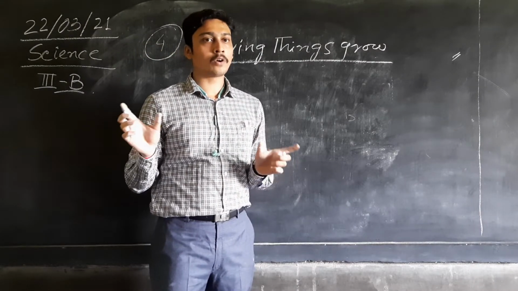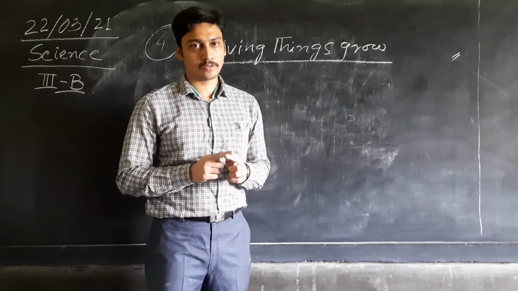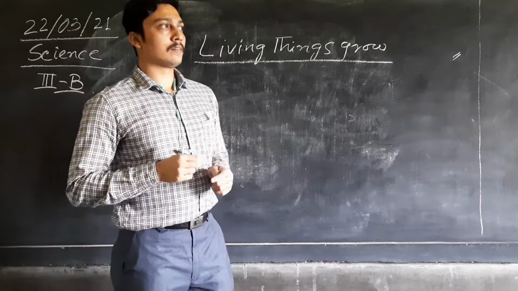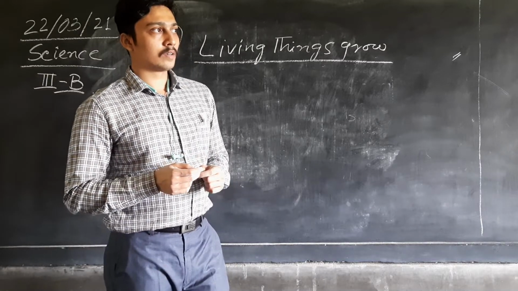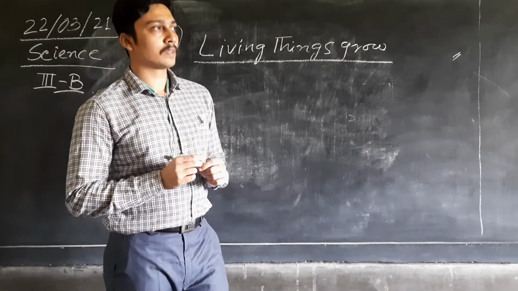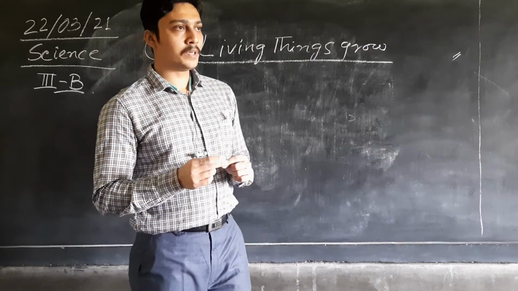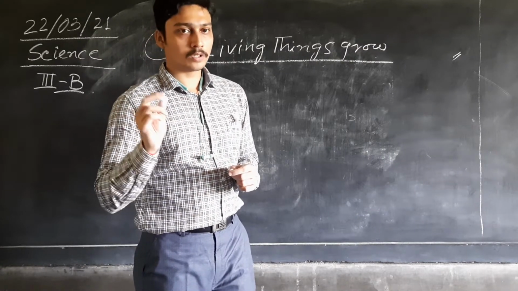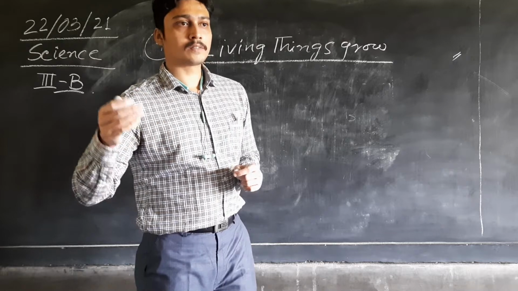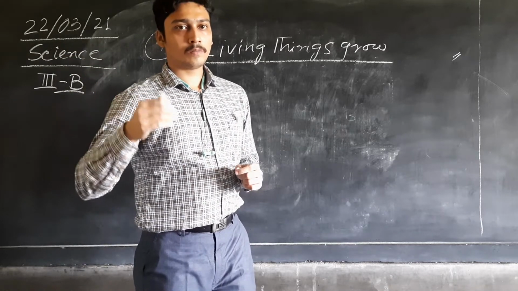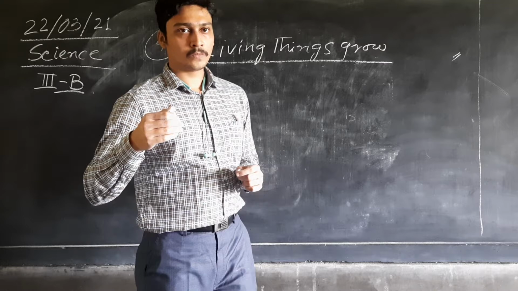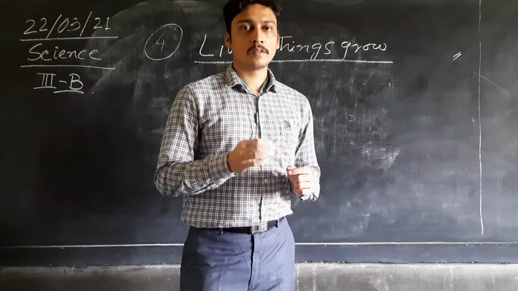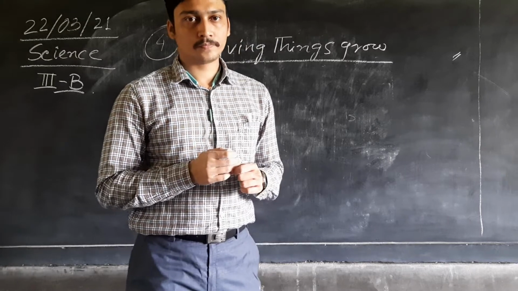So they are not the same in size. So we can tell from this picture that a puppy grows into a dog after some years. So you can see living things can grow.